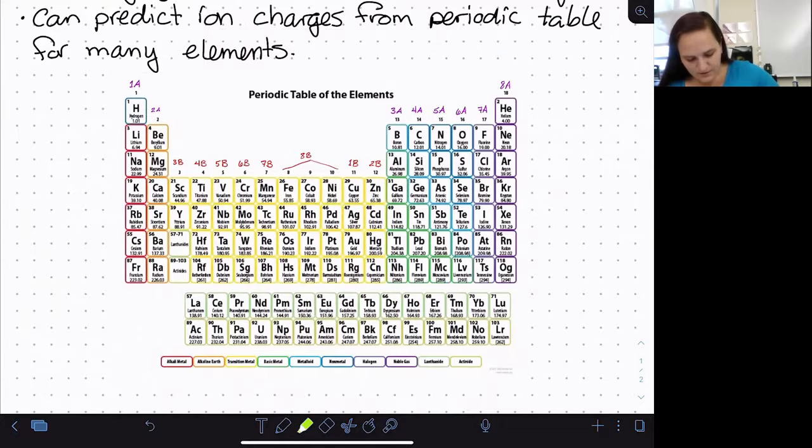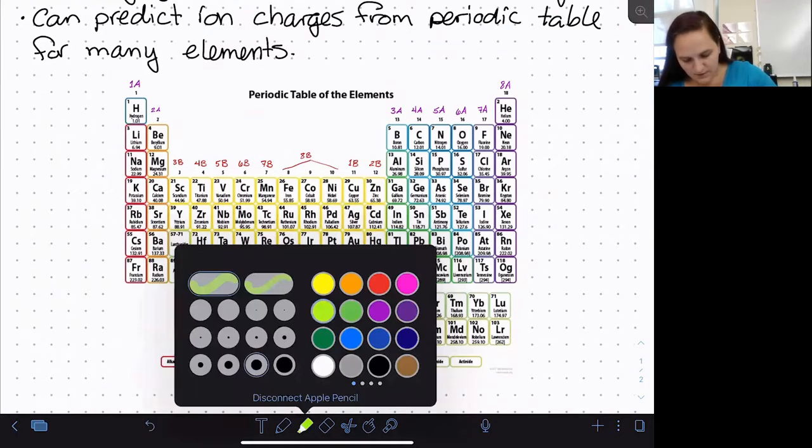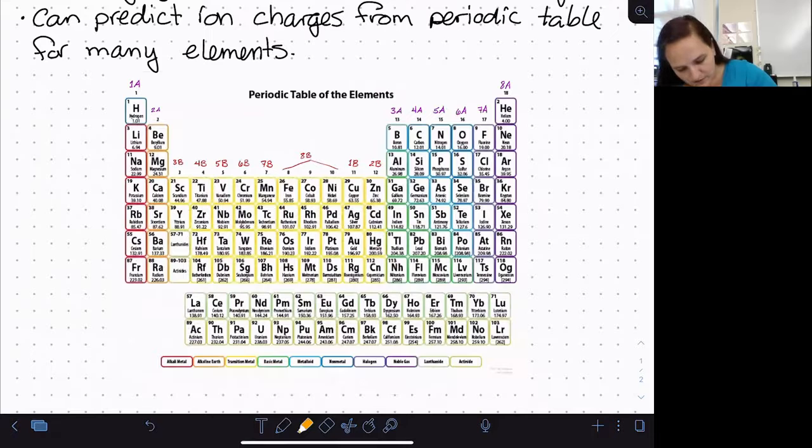There are a few sections to be aware of. The middle section, the transition metals, we really can't predict what their charges are going to be.